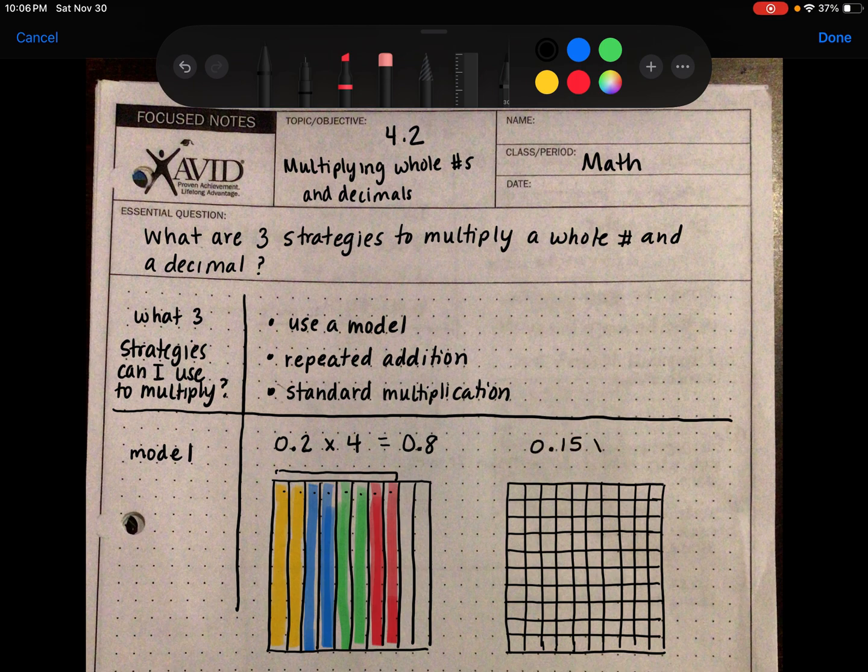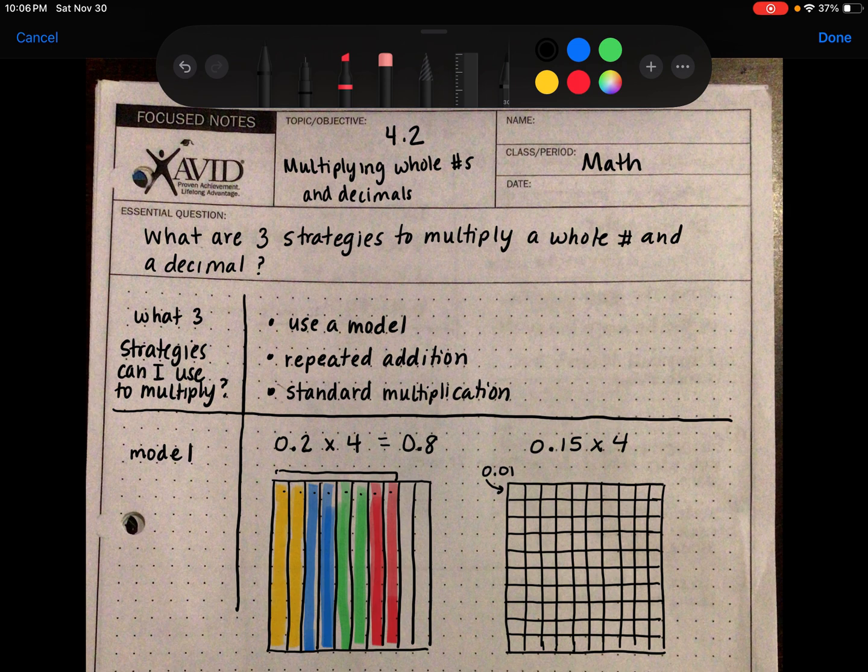So if I have a problem like 0.15, which would be 15 hundredths, and I need to multiply that by 4, I'm no longer doing columns, an entire column.